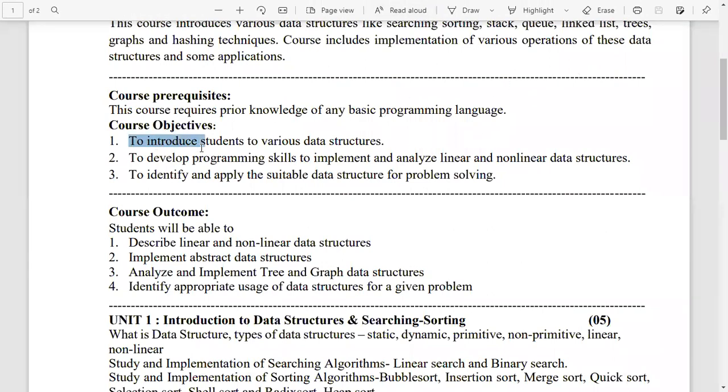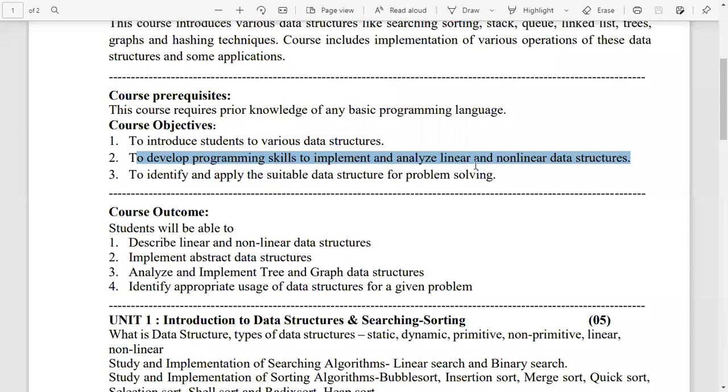Okay, no problem. Now the objective of the course is to introduce students to various data structures. Various data structures are there, so we'll discuss them here. The second objective of the course is to develop the programming skills to implement and analyze linear and non-linear data structures. The meaning of linear and non-linear data structure we'll discuss in unit number 1, after completion of this syllabus discussion.